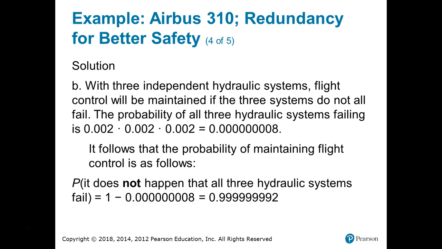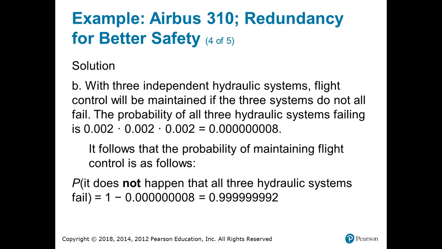So we are looking at an independent system. So using the multiplication rule, we have 0.002 multiplied by 0.002 multiplied by 0.002 equals 0.0000008% chance that all 3 of them fail.